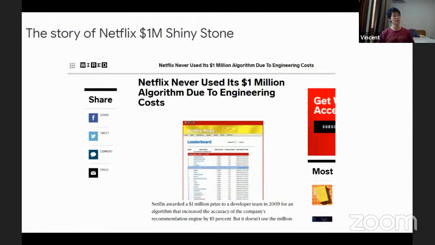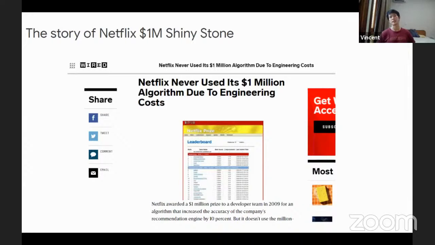And if you think that this is part of you, then you are not alone, right? In fact, there is a very famous story about Netflix's $1 million algorithm. In this case, Netflix never used its million-dollar algorithm due to engineering costs. Some of you might know about this, maybe most of you, because it was a huge story at the time.